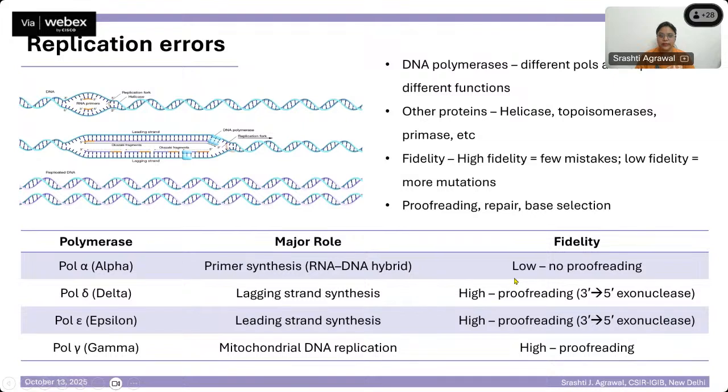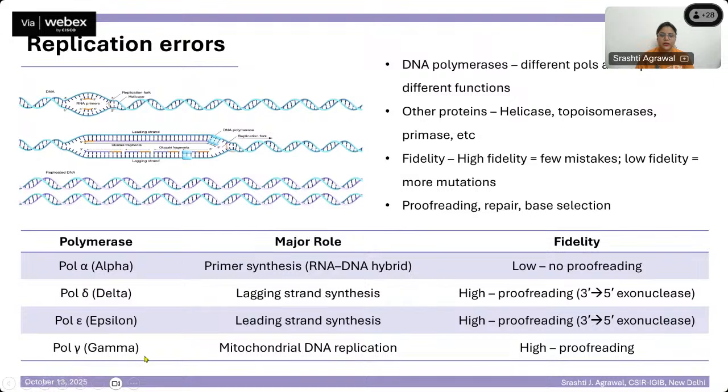Since it has to create primers of only a few bases, it does not need that much proofreading ability, and it has therefore low or no proofreading ability. However, Pol delta and Pol epsilon are involved in leading and lagging strand synthesis, and therefore they need to have high proofreading ability so that they can make sure that in the new strands that they are synthesizing, there are no errors.